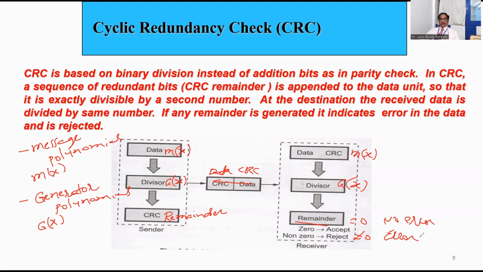Depending on the number of errors, the value of the remainder is different, but non-zero. So this is the concept used here.